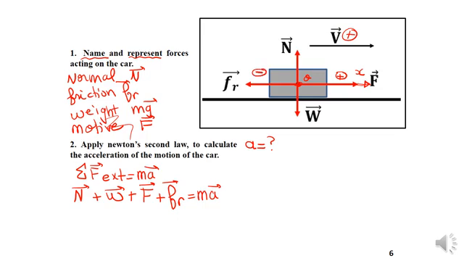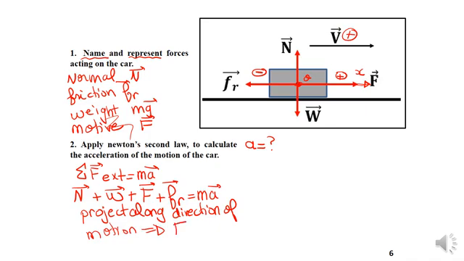Then, to find acceleration, we have to project along the direction of motion. To project along the direction of motion, we have F, it is positive, Fr, it is negative, equal ma.